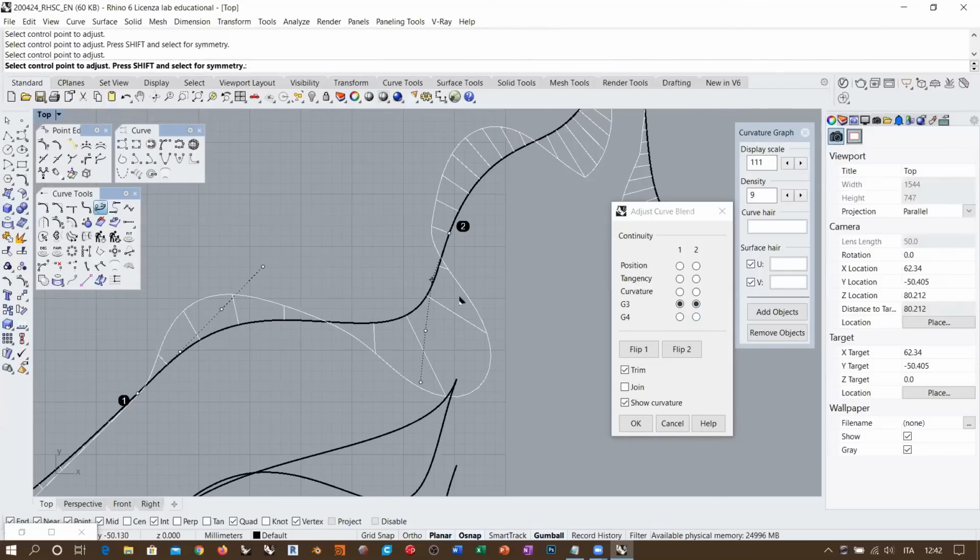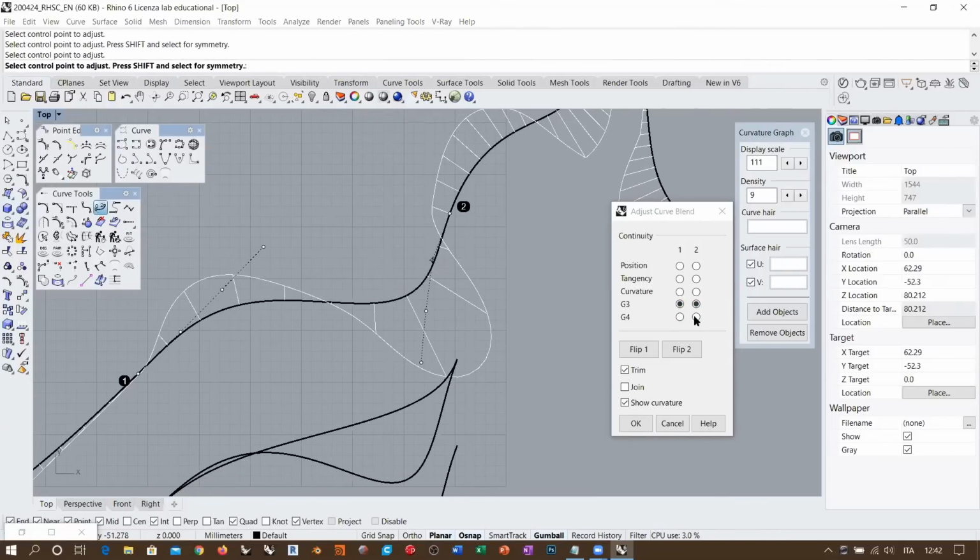And G4, you can see graphically, you only get an additional control point, more or less aligned, but this is simply making the curvature graph smoother and smoother, okay? We tend to maintain our considerations up to the curvature graph, okay? Because this is basically the geometric aspect that we can easily understand and clearly represent in our projects. All right. So think about the G3, G4 like refining the curvature, if you want.